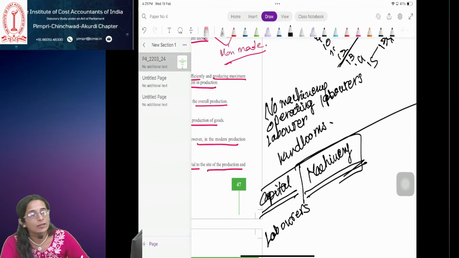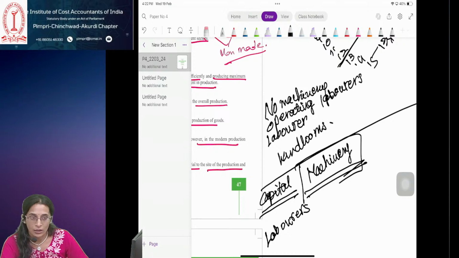Second, the production will also be quick, because the laborer will take gaps in between, as it is manual work. When we use machinery, the production will increase, because machines are accurate and fast compared to laborers. So they will produce more in 1 hour. If the laborer is producing 10 units, the machinery will produce 15 units in 1 hour.